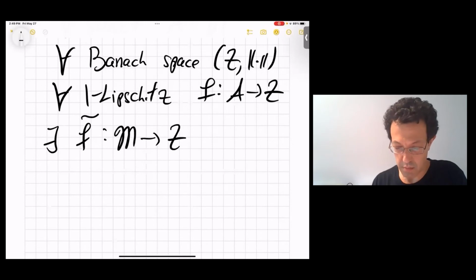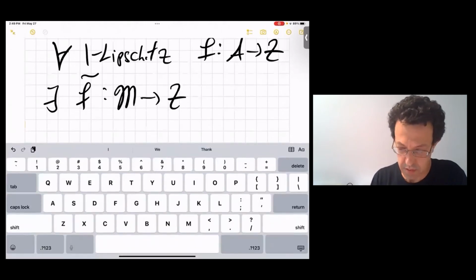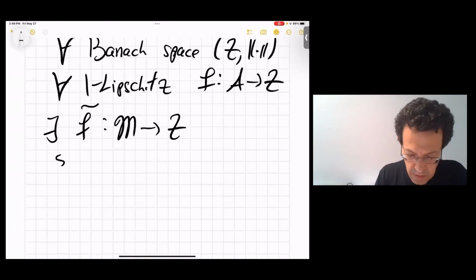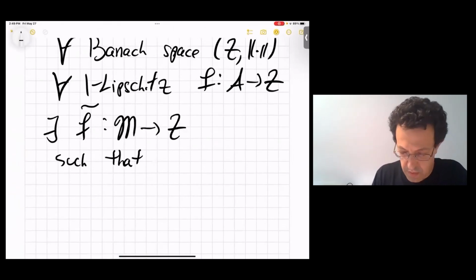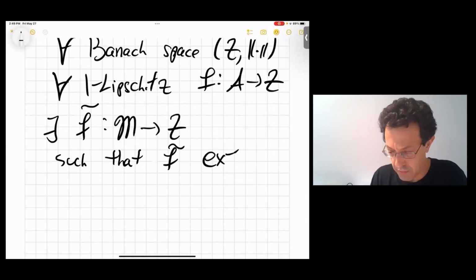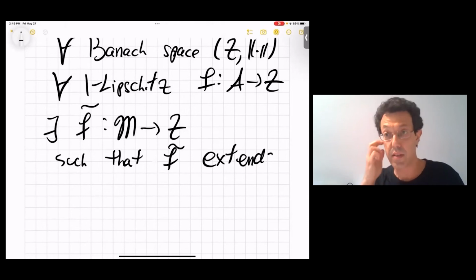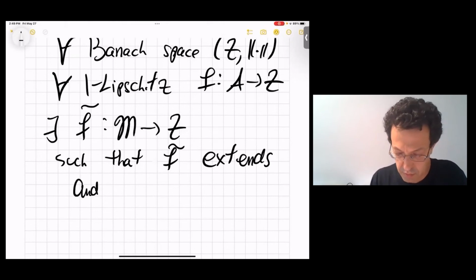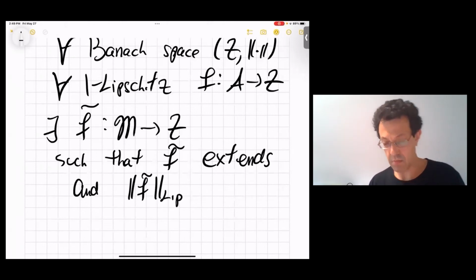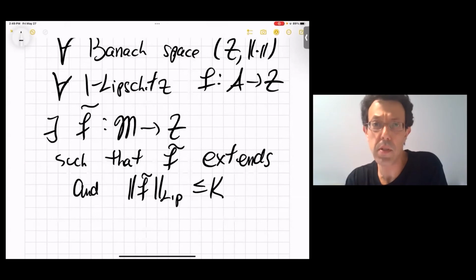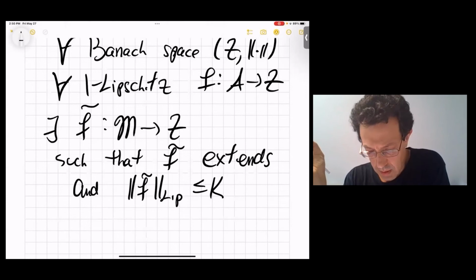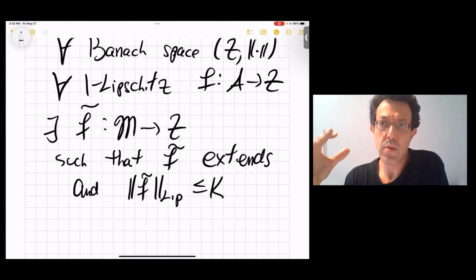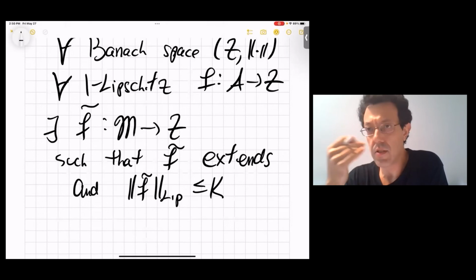which extends F such that F tilde extends F, it coincides with F on the subset A, and the Lipschitz constant of F tilde is at most K. The initial was one Lipschitz, and you want to extend it in such a way to a K Lipschitz function.